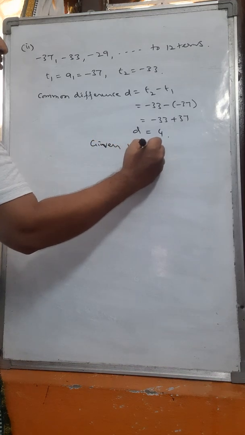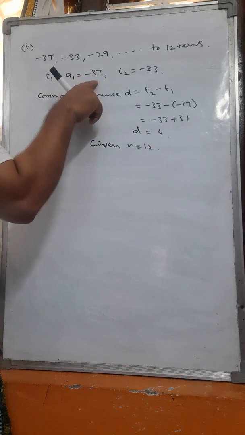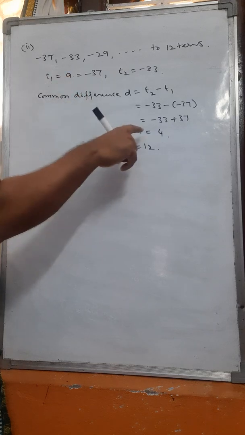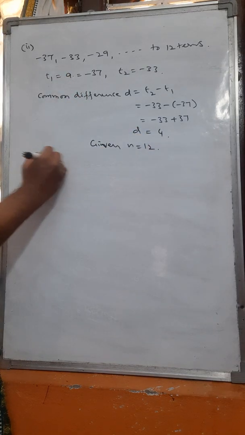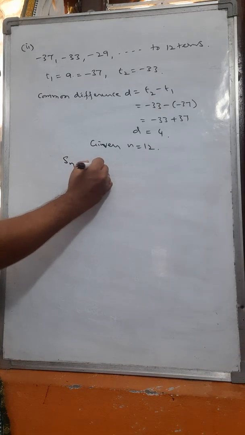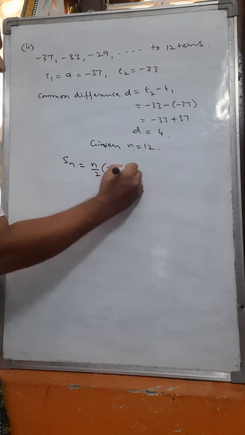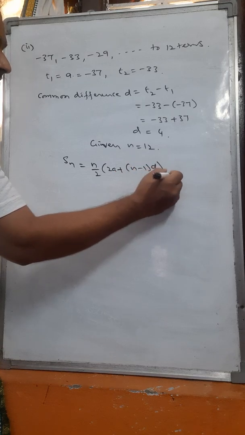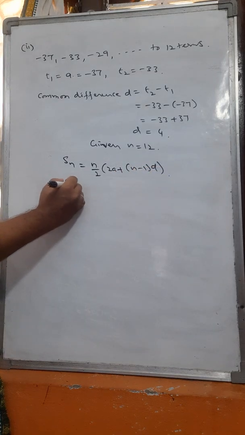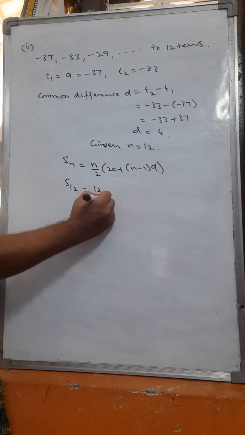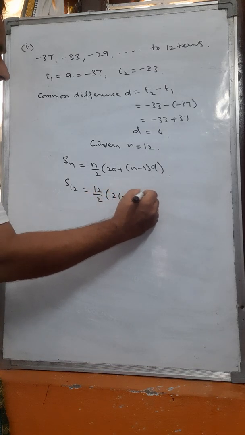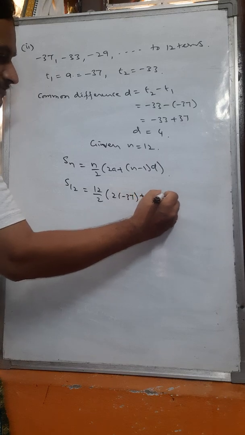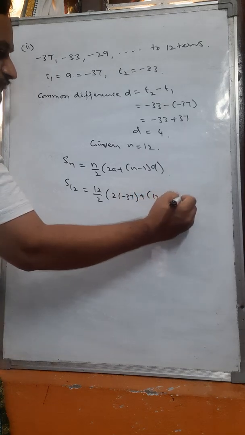Given n is equal to 12, A is equal to minus 37, D is equal to 4. So the sum of the n terms Sn is equal to n by 2 into 2a plus n minus 1 into d. So S12 is equal to 12 by 2 into 2 into minus 37 plus 12 minus 1 into d, d means 4.